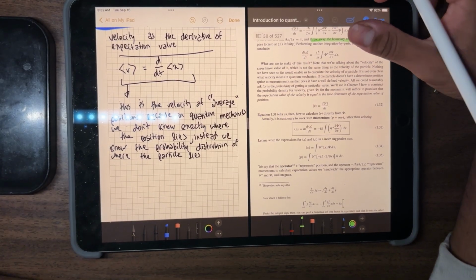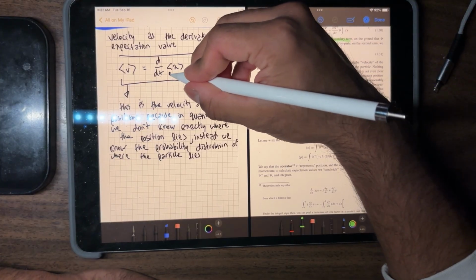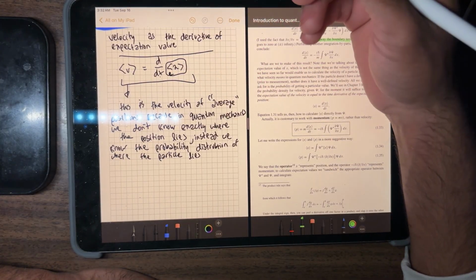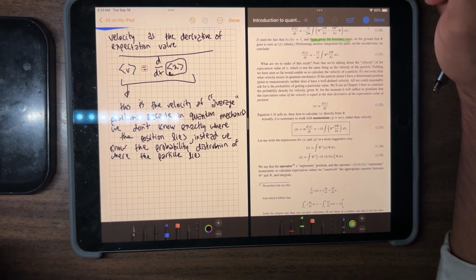Which is why we would technically have to differentiate the expectation value of x rather than x itself.